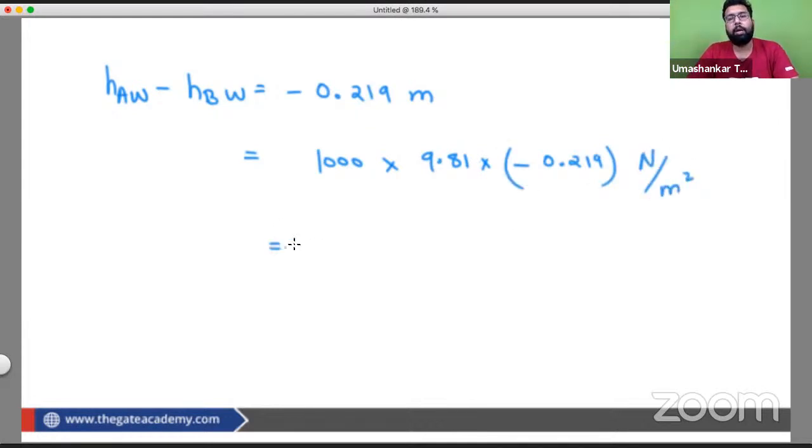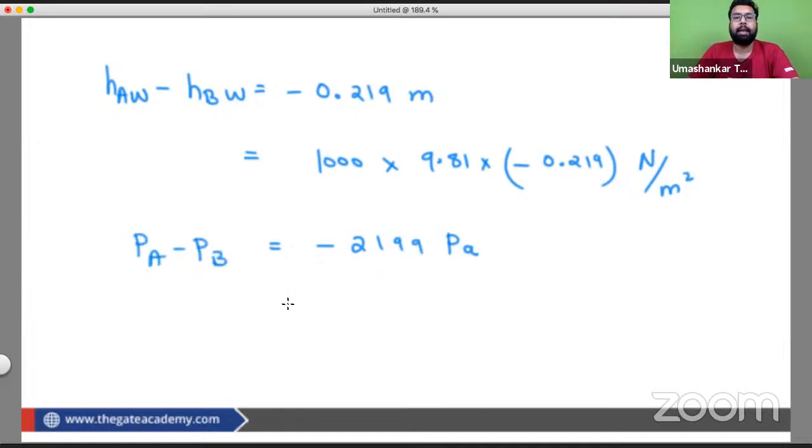So when we solve it, we will be getting minus 219 something Pascal. This is HAW; now that we have converted it into pressure, we can write it as PA minus PB.